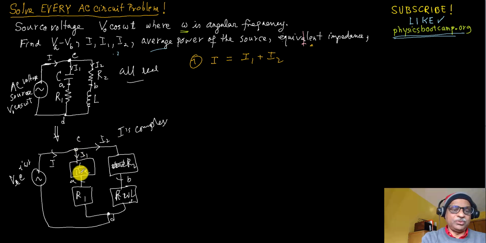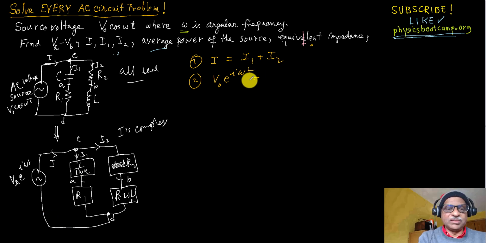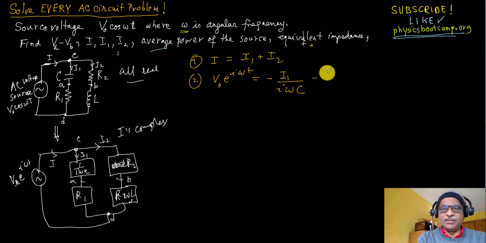Then we can do the loop equations. V0 e^(i omega t) must be equal to the drops: minus I1 over i omega C minus I1 R1. I just got the I1 right away, right?